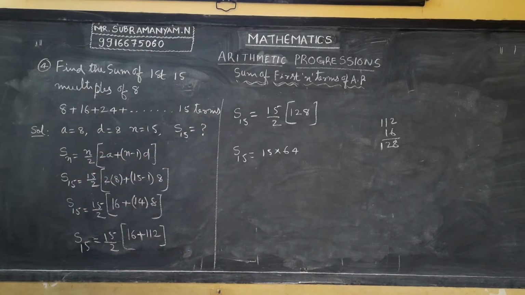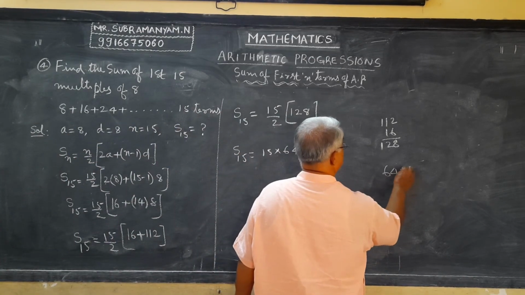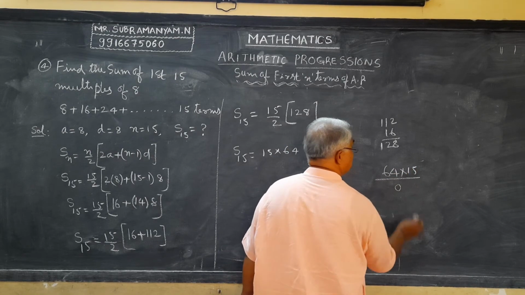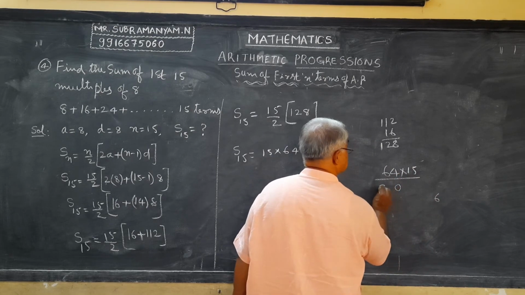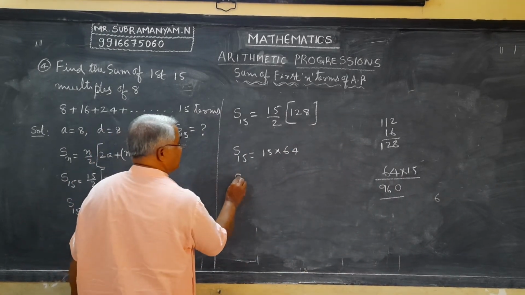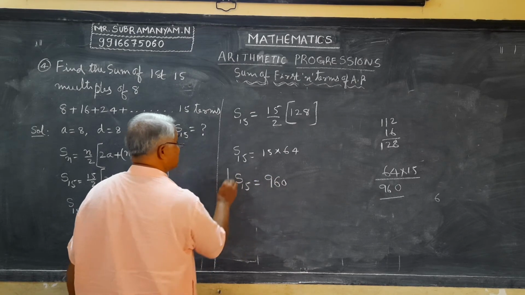Now multiply 64 with 15. 15 4s are 60, carry 6. 15 6s are 90, 90 plus 6, 96. 960. So S15 value is 960.